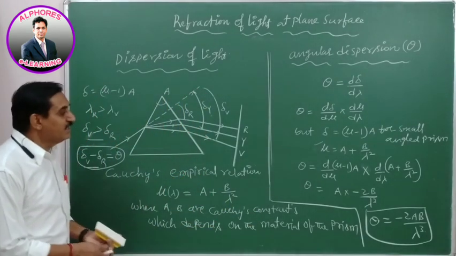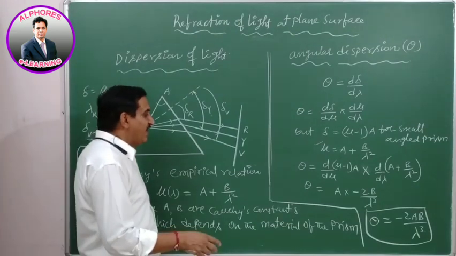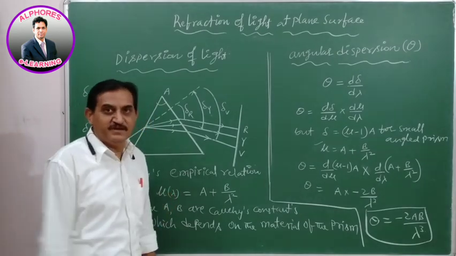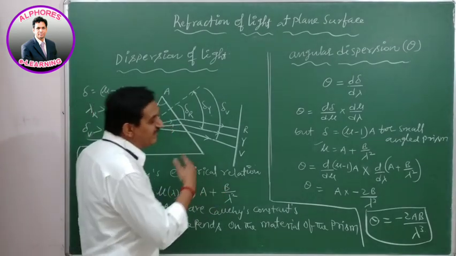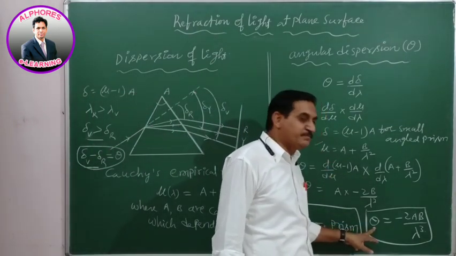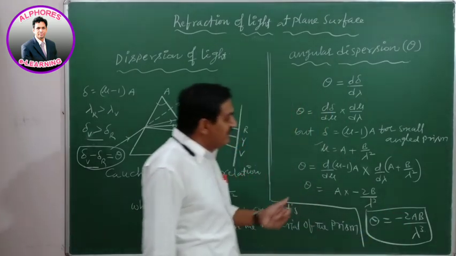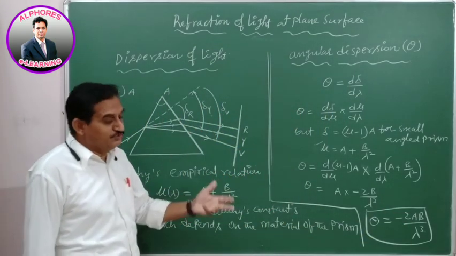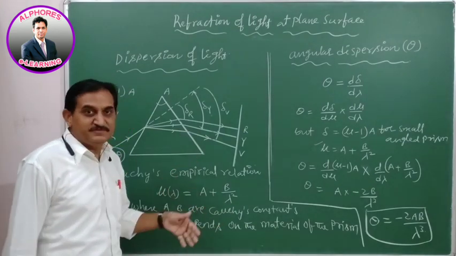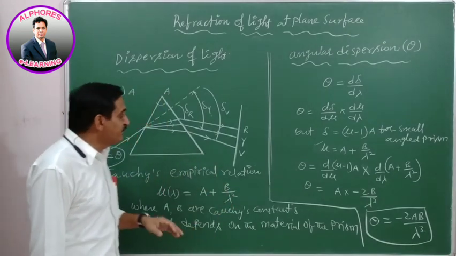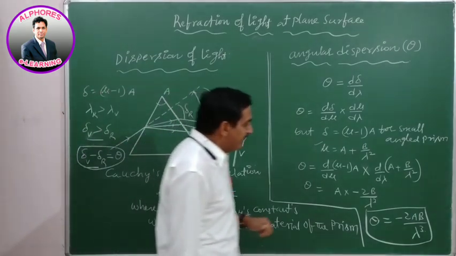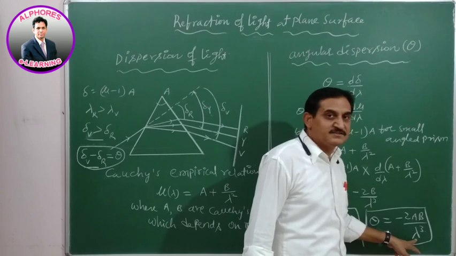Angular dispersion is the bending or deviation taken by the colors in accordance with their wavelengths, and this gives the proper relation. This is Cauchy's empirical formula, and it shows how angular dispersion relates to wavelength. It is also derived and proved that in the dispersion of light, different colors have different deviations, bendings and angular separations, depending on the wavelength of the light.